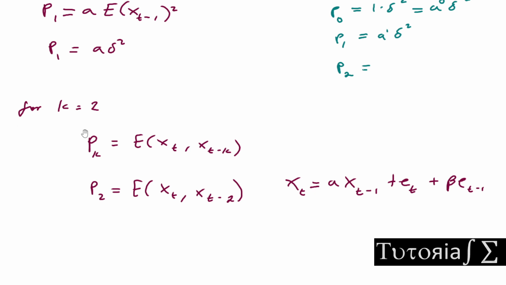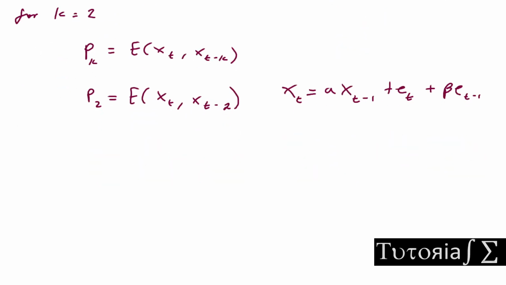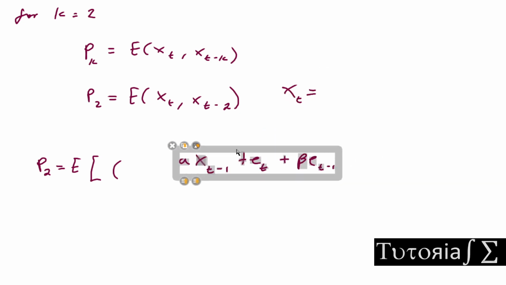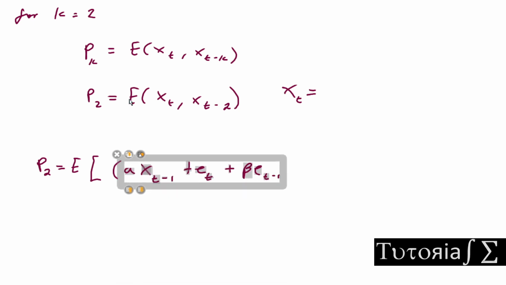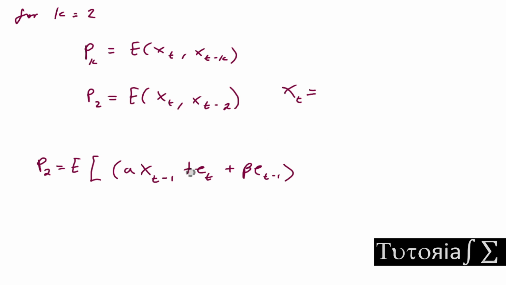So yeah, replacing our xt in row 2, we're going to have row 2 being equal to the expectation of, so we replace our xt in the equation, literally replacing. So replace xt in xt times xt minus 2.